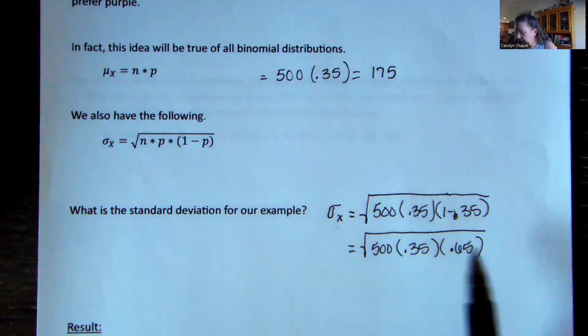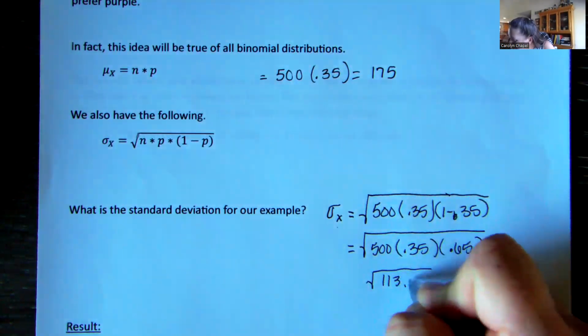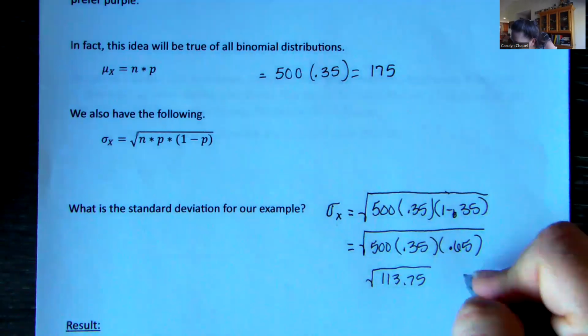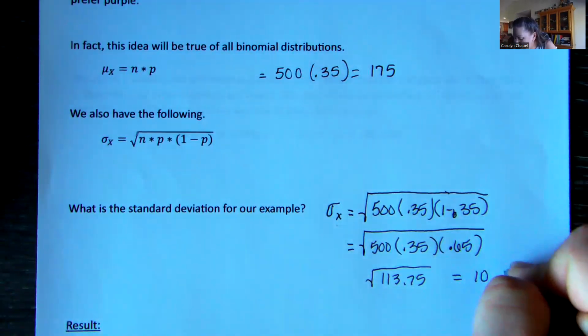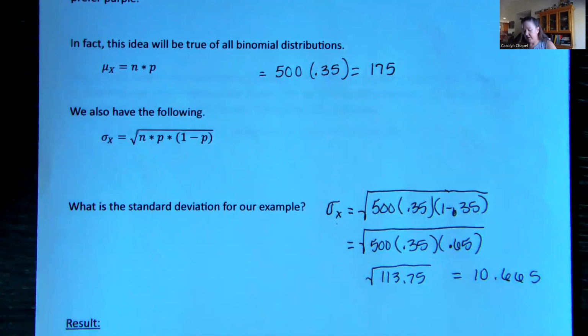So under here, I have 113.75. Yes, you could have done it all in one line. That would have worked for you. But we get 10.665 if I round to 3 decimals. So a little bit easier to calculate.